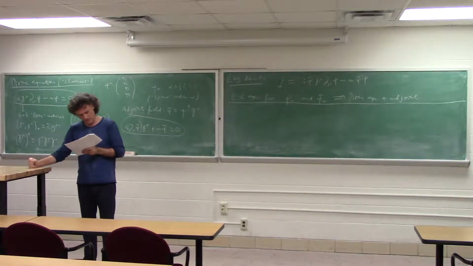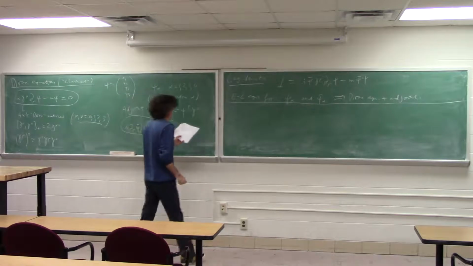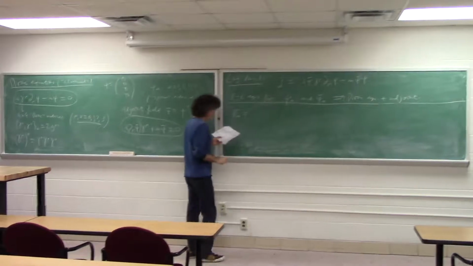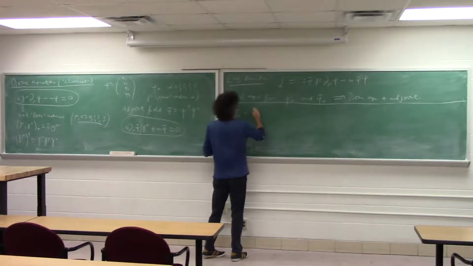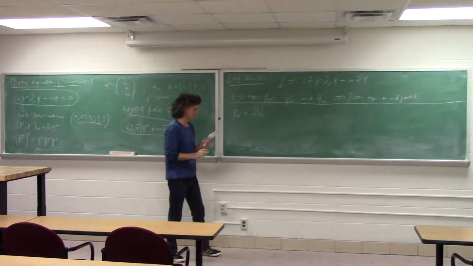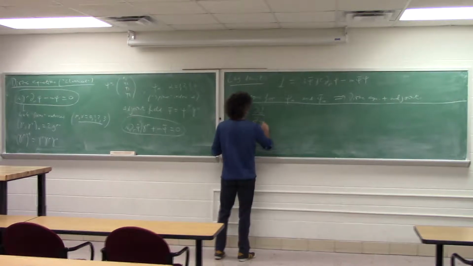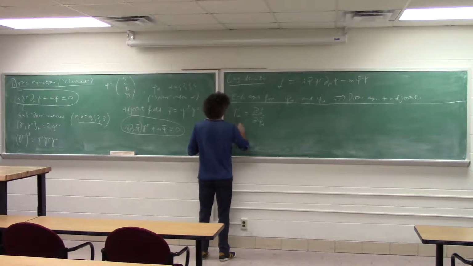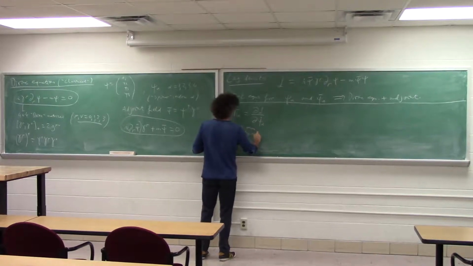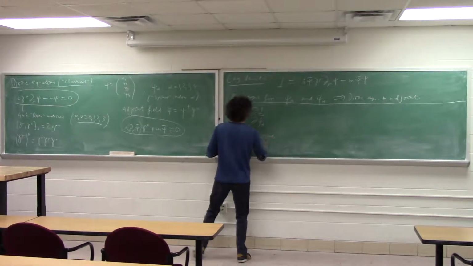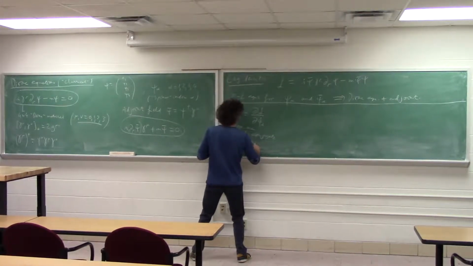So, we've got the Lagrangian density. So, we can look at the canonical momentum density conjugate to psi. So what we're going to do, let's look at it one component at a time. Let's look at the momentum density conjugate to psi alpha. So this is the canonical momentum density conjugate to psi alpha.